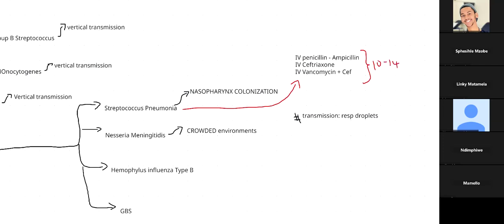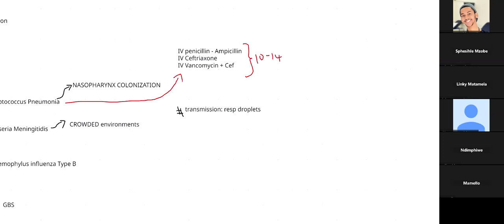Sorry, I also have to mention that prevention of Streptococcus pneumoniae is very important. Prevention is in the form of vaccination.